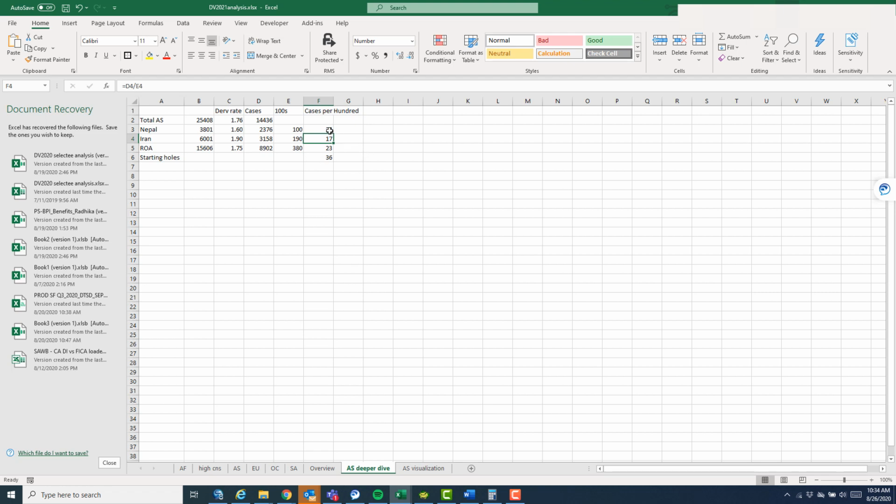That means that if we add up those three numbers, we've got a starting holes rate of about 36, and we can now visualize how the numbers would break down. So these are the numbers that you need to think of: 24%, 17%, 23% for rest of Asia, and then 36% is the holes number.